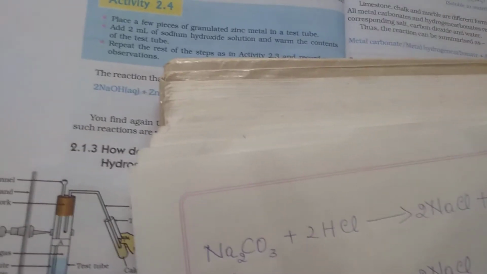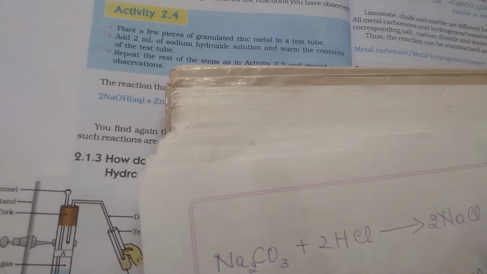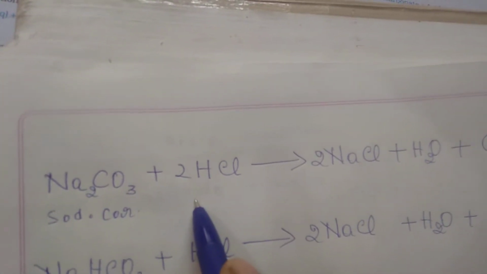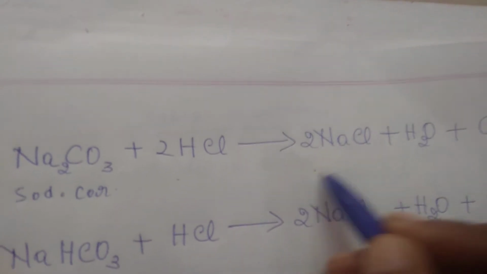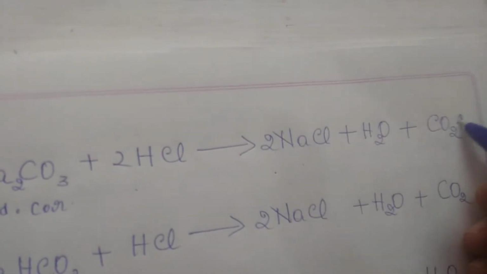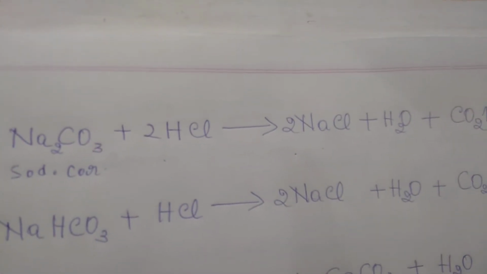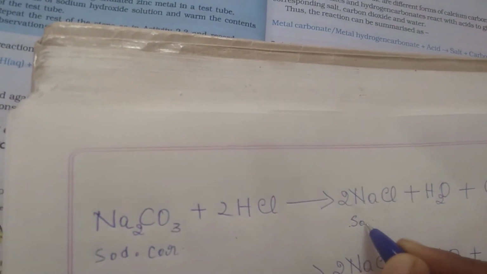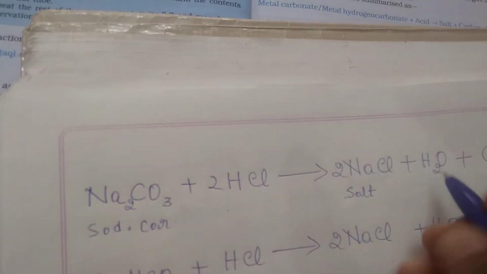Sodium carbonate is taken in a test tube, and to it we add dilute hydrochloric acid. As a result, a salt is formed in the test tube, and a gas called carbon dioxide is released.